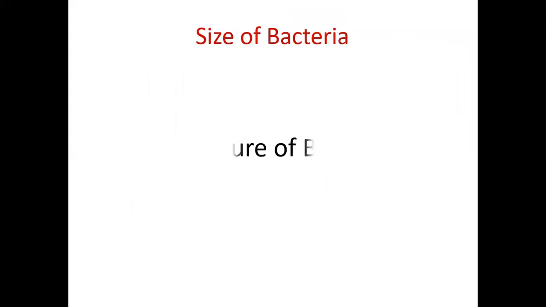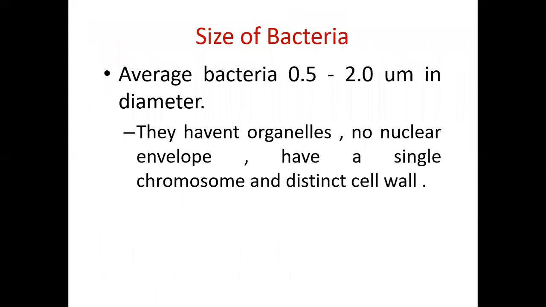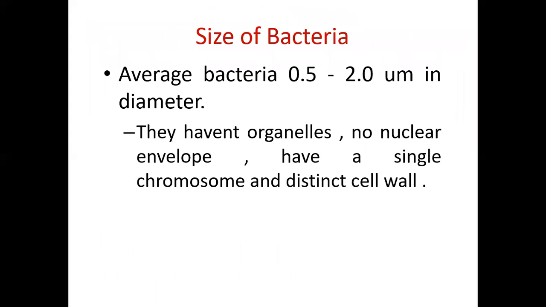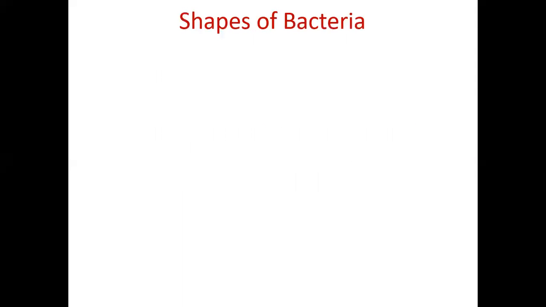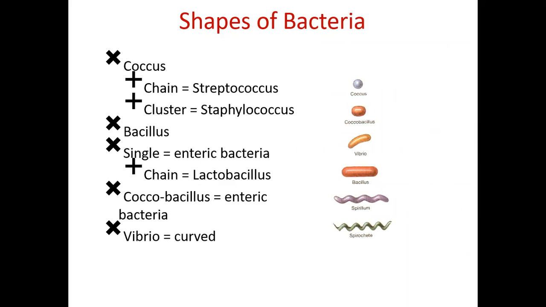Now we study the structure of bacteria. The size of a bacterium is about 0.5 to 2 micrometers in diameter. They have no organelles, no nuclear envelope, have a single chromosome and a sterate cell wall. Now, the shape of bacteria.